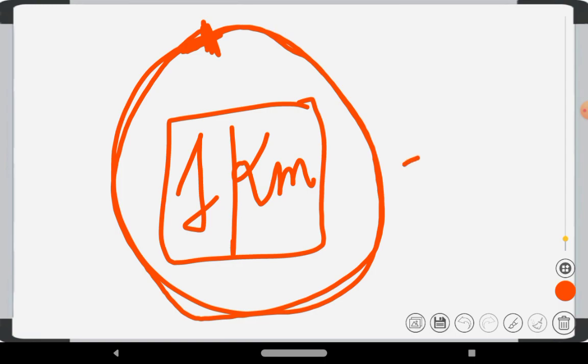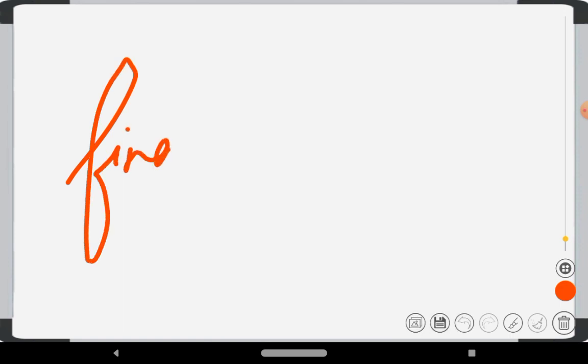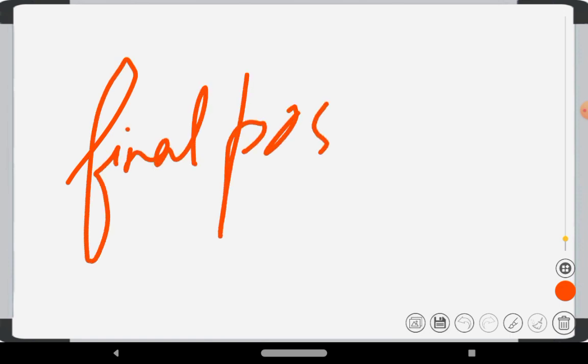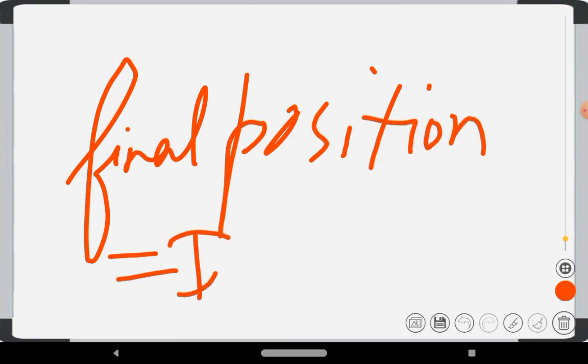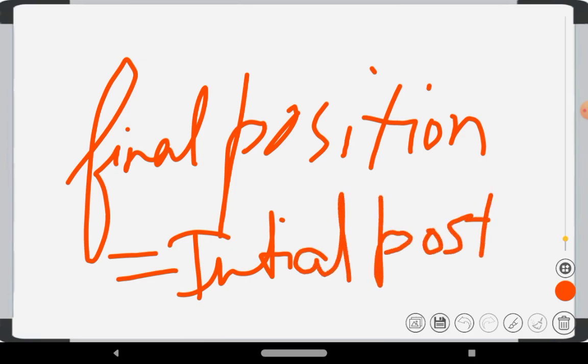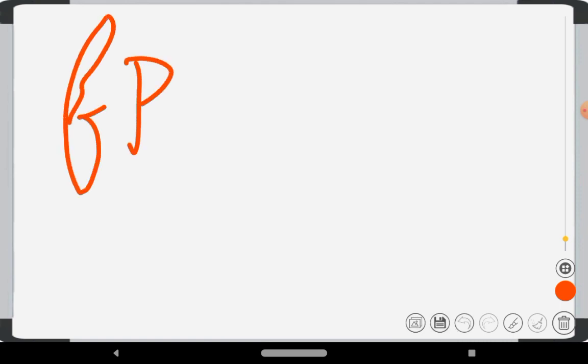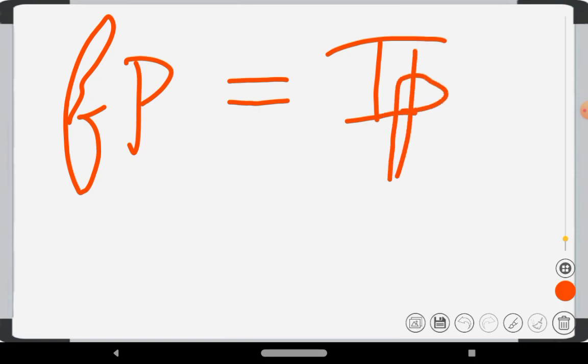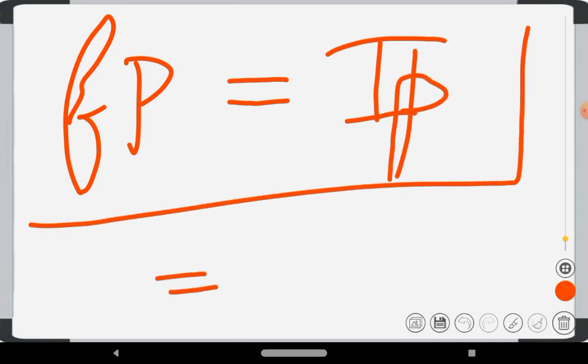The displacement will be 0, because our final position is equal to our initial position. If your final position and your initial position are the same, then the displacement will always be 0.